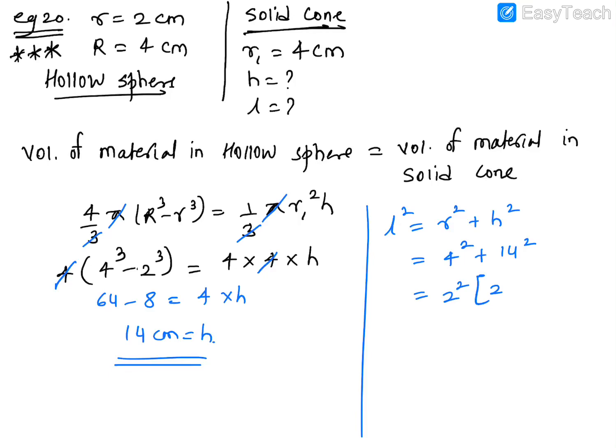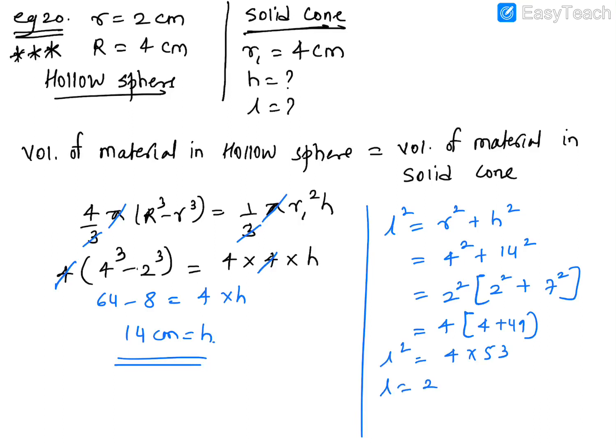So what will we get inside? We'll get 2 squared plus 2 sevens are 14, that is 7 squared. So 2 squared is 4, and 7 squared is 49. 4 plus 49 is 53. So you'll get 4 into 53. That is L squared.